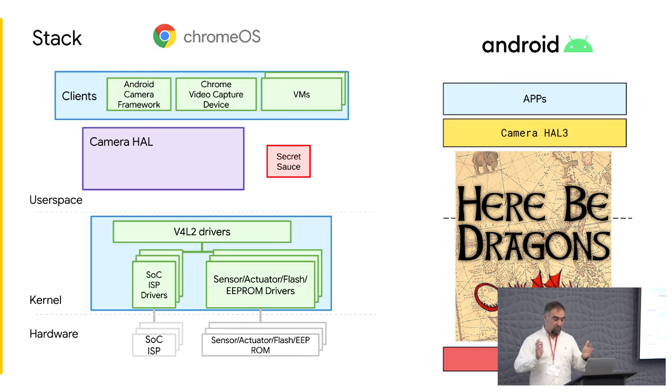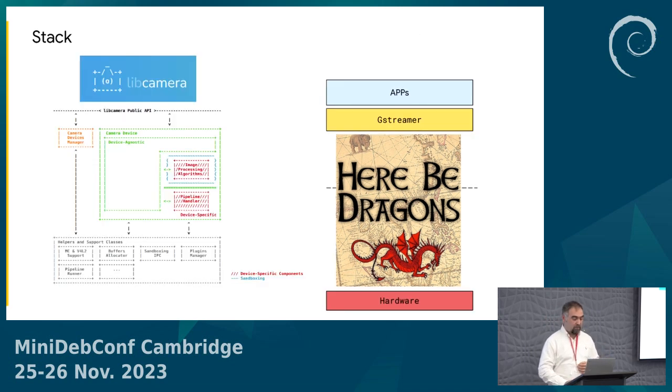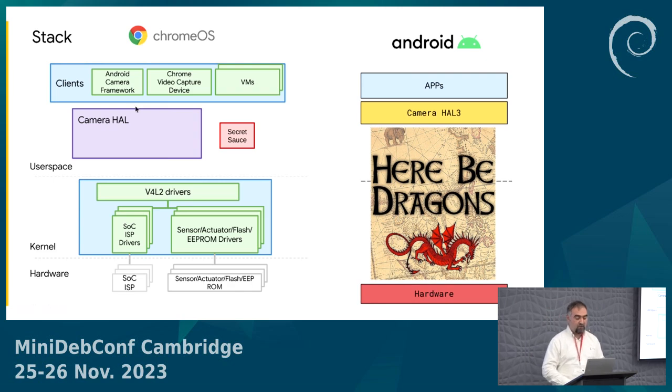In Google, we also have these two worlds. On the left, we have Chrome OS. This is the project I'm working on, where the API is pretty much this. We have a camera HAL, which is doing the different abstractions to the applications, and we also have some proprietary blob where we keep the secret sauce from vendors and we interconnect with it.